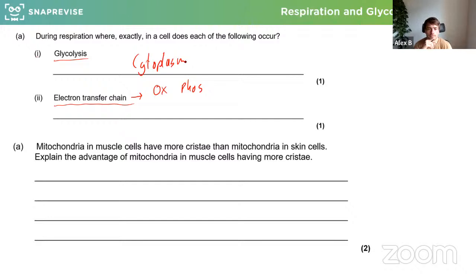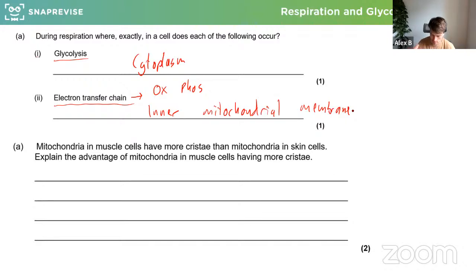Nice. Inner mitochondrial membrane. Yeah, perfect.